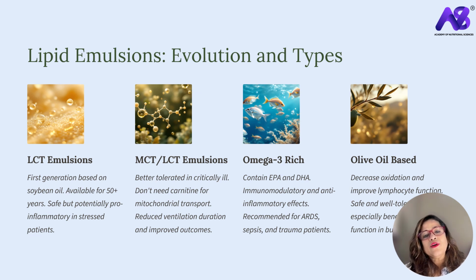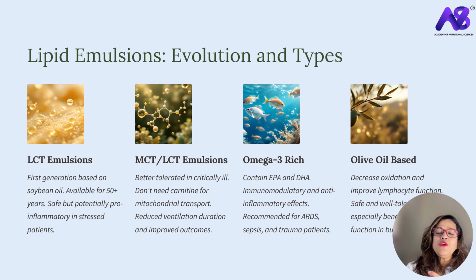Now, regarding the daily requirements and the type of omega-3, omega-6 that is required, a healthy adult will need anywhere between 2 to 5 grams per day. Whilst when we look at it, even the infusion rate of lipid is important here.